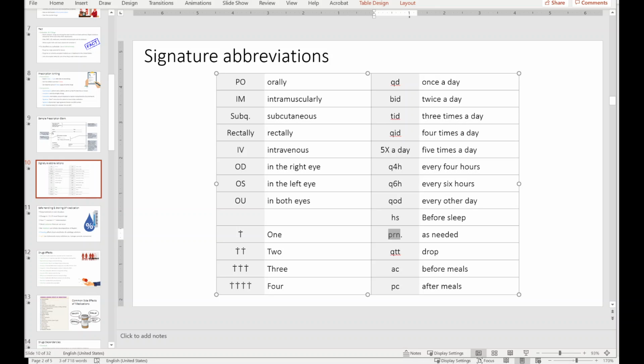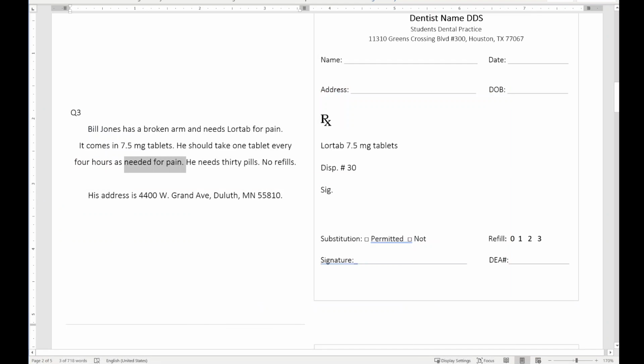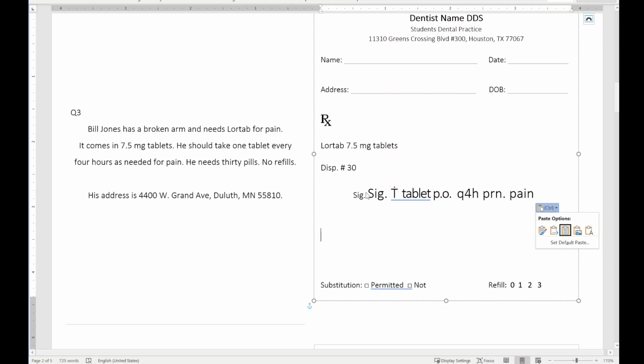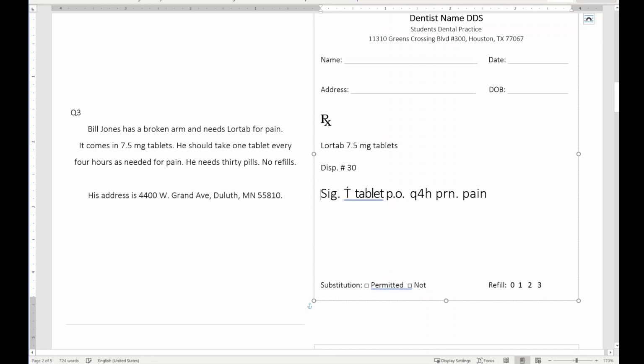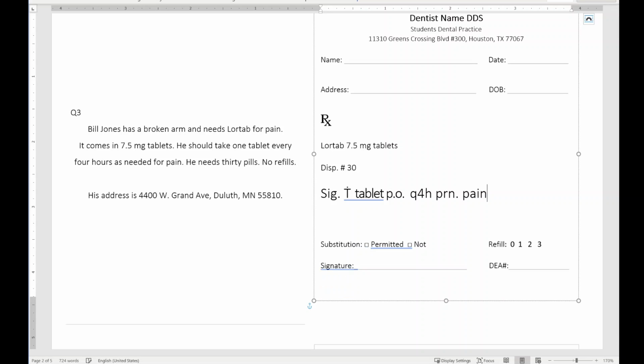So that will be our signature. Right? As needed. So 1 tablet. That's orally if you want to add that, and then as needed for pain. And then we said no refills, so 0 refills.